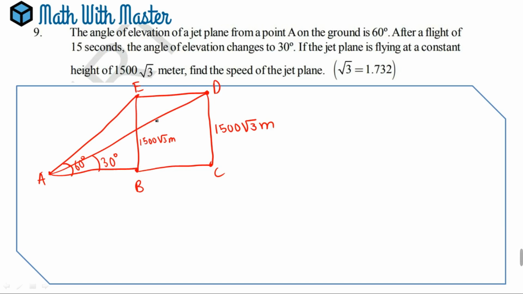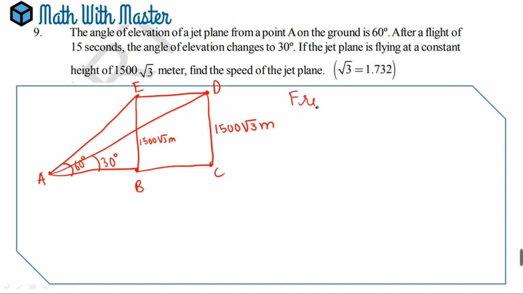So for finding BC, we have to first find tan A from triangle ABE.